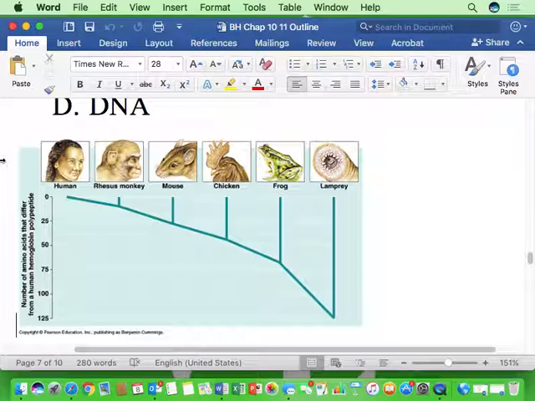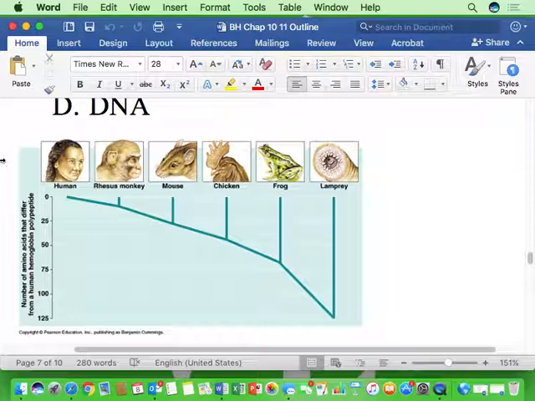Here, we're looking at a single protein that's found in all these organisms. This protein is hemoglobin. It's the protein in your red blood cells that carries oxygen. And what are proteins made up of? Amino acids.